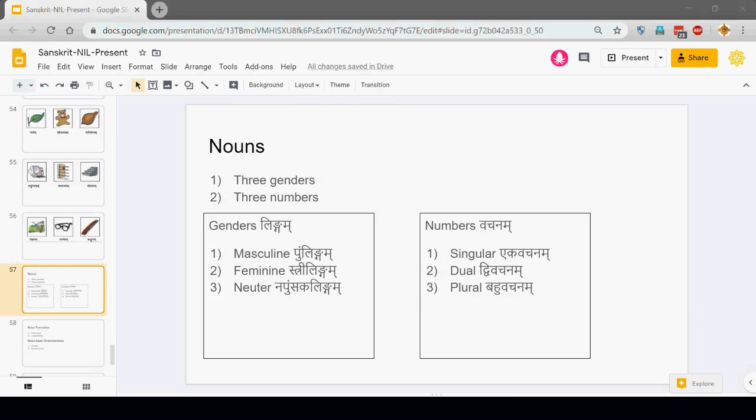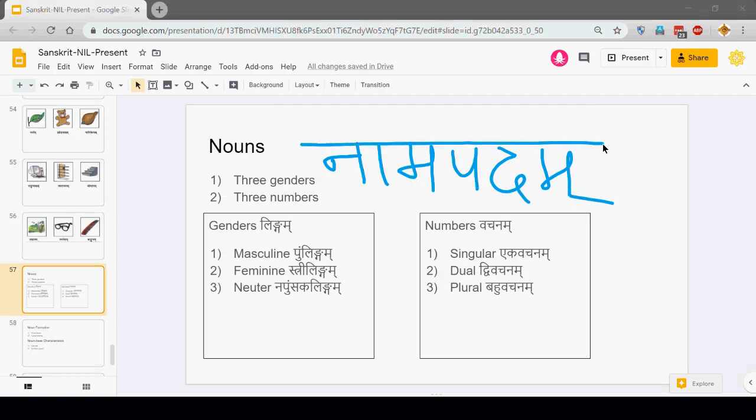In the classes, we study different forms. But I just want to bring this into light today, that all the different objects, the words we use to refer to them, are nouns. And nouns are called nama padam in Sanskrit.